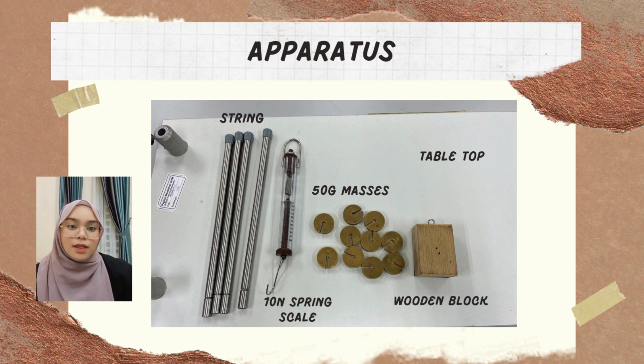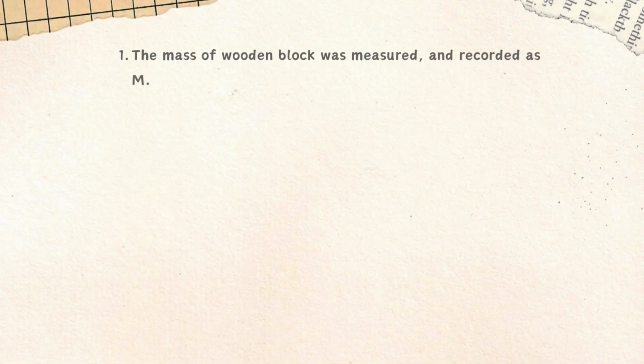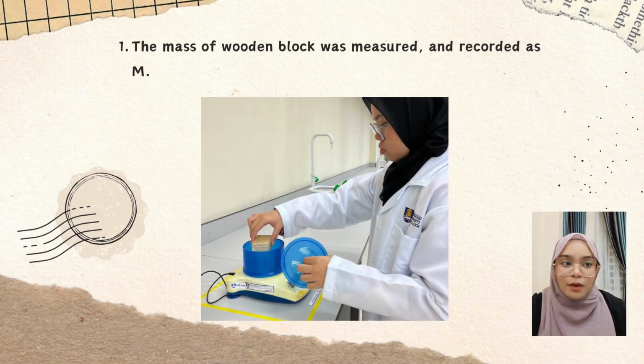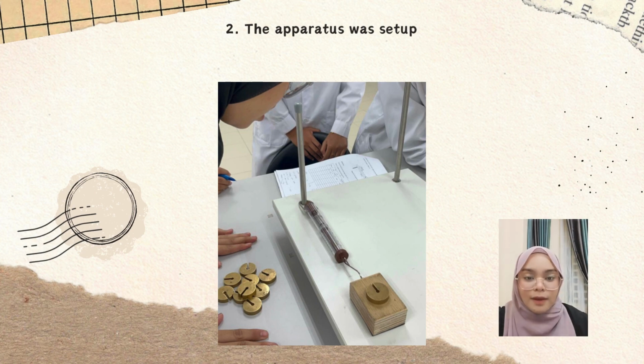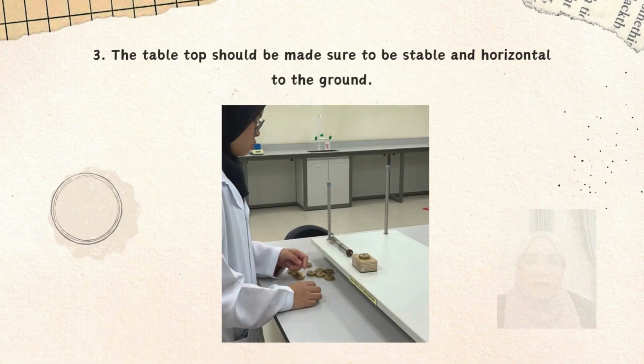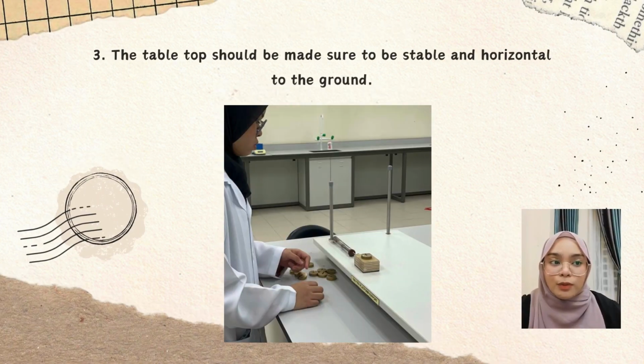The apparatus that we use in this experiment are a wooden block, 50 gram masses, a 10 Newton spring scale, string, and a tabletop. First, the mass of the wooden block was measured and recorded as m. The apparatus was set up. The tabletop should be made sure to be stable and horizontal to the ground.